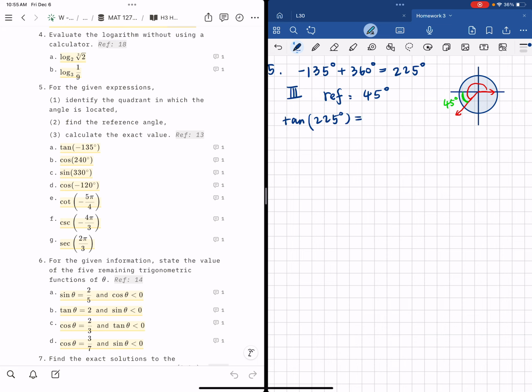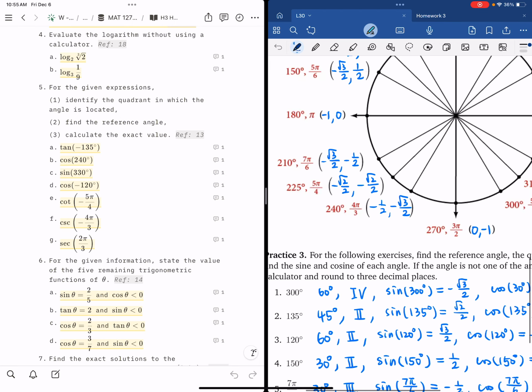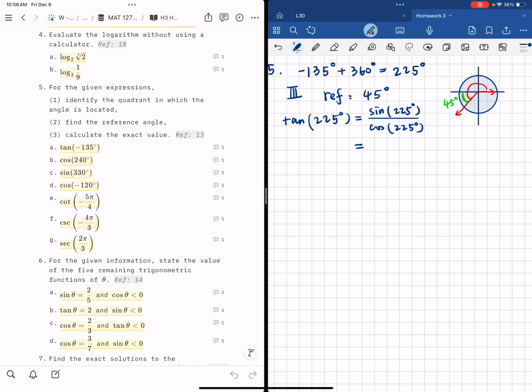You remember it's sine divided by cosine, so it's sine of 225 divided by cosine of 225. You could also use the reference angle. So let's go to the unit circle for 225. You have those two coordinates. They're exactly the same. They're both negative. So if you do a ratio, it's going to be positive 1.